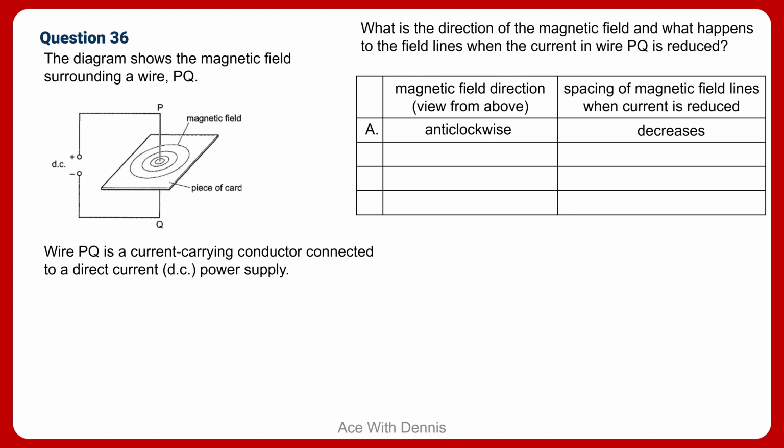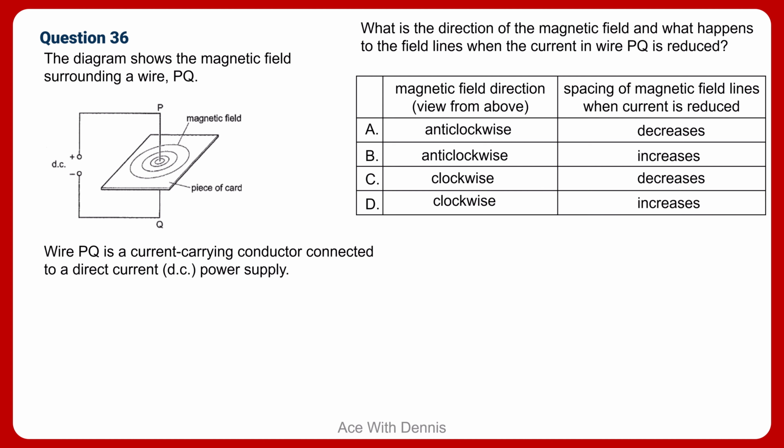For option A, magnetic field direction is anticlockwise. Spacing of magnetic field lines when current is reduced decreases. Or option B, magnetic field direction is anticlockwise while spacing of magnetic field lines increases. Option C, magnetic field direction is clockwise and spacing of magnetic field lines decreases.